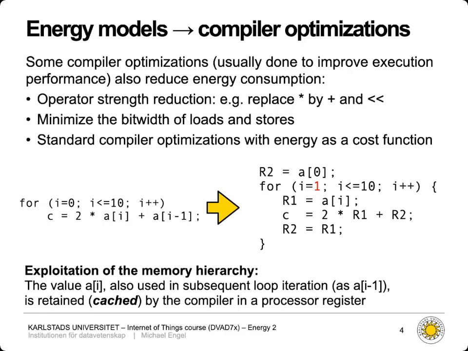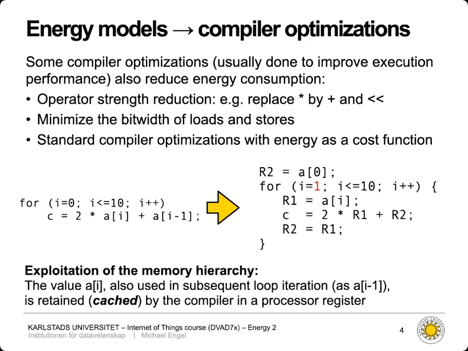So you see when we run this loop on the left-hand side, for example, in iteration 2 of the loop, so I equals 2, we would access A of 2 and A of 1. Now in iteration 3, we would access A of 3 and A of 2. Now A of 2 was already loaded into the register before, just because we needed it for the previous iteration as the I operator, and that is the I minus 1 parameter here for the next iteration.